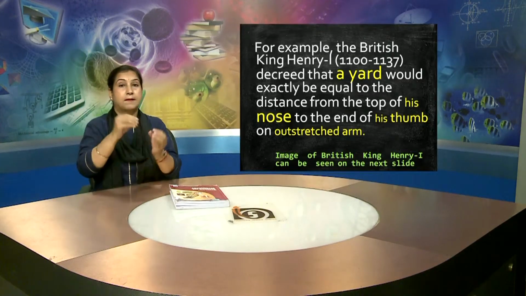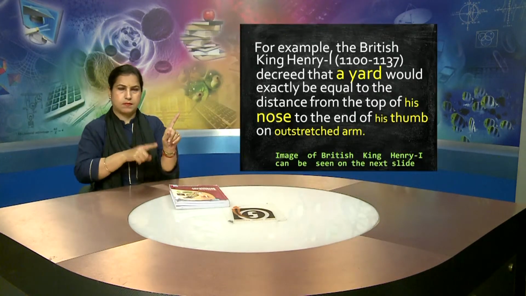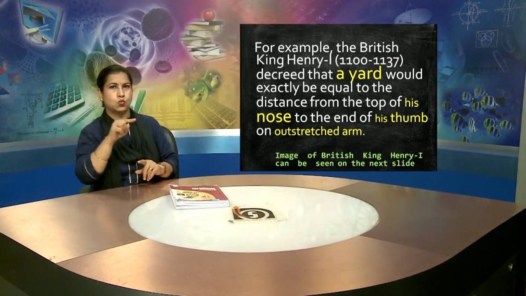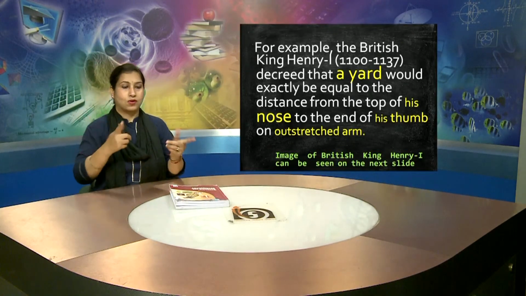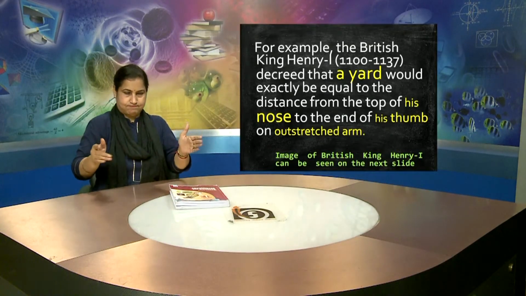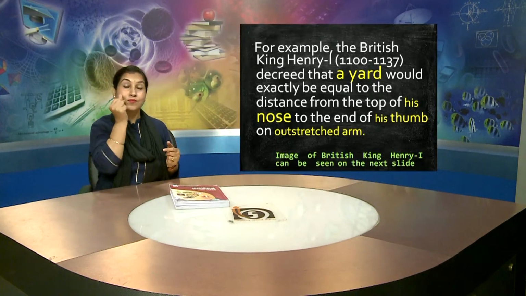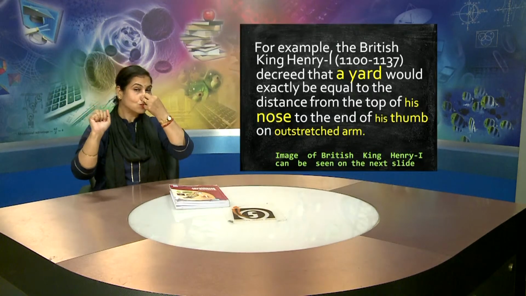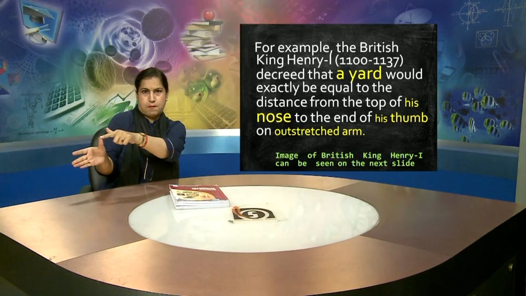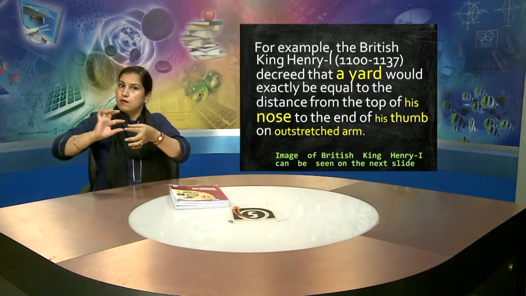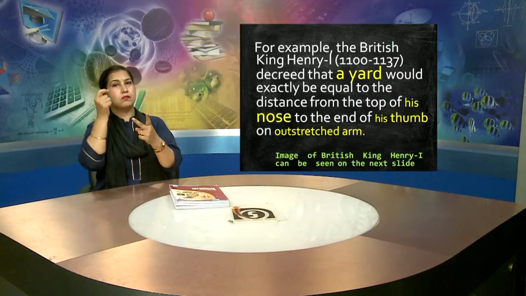For example, the British King Henry, 1100 to 1137, decreed that a yard would exactly be equal to the distance from the top of his nose to the end of his thumb on an outstretched arm.